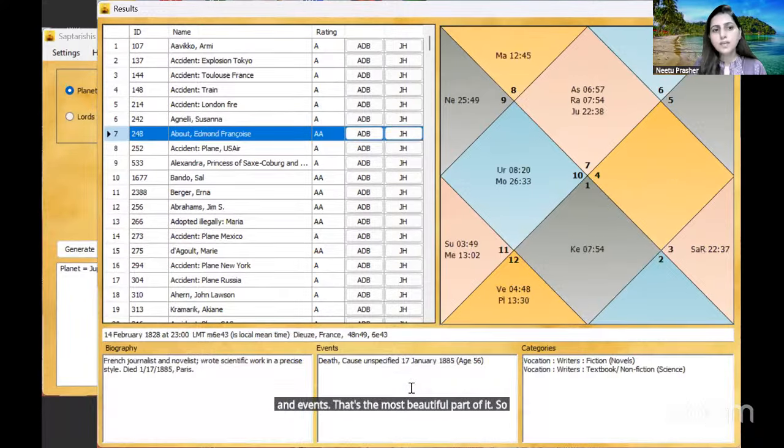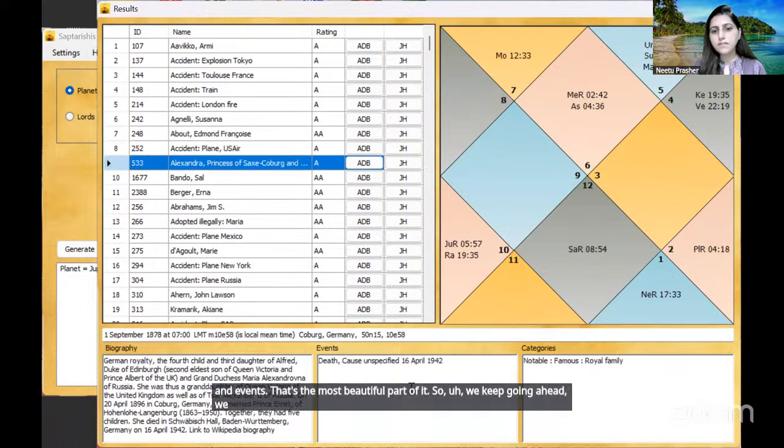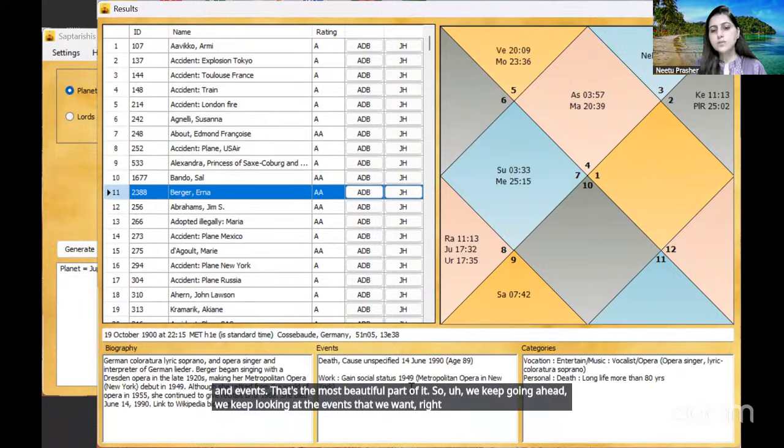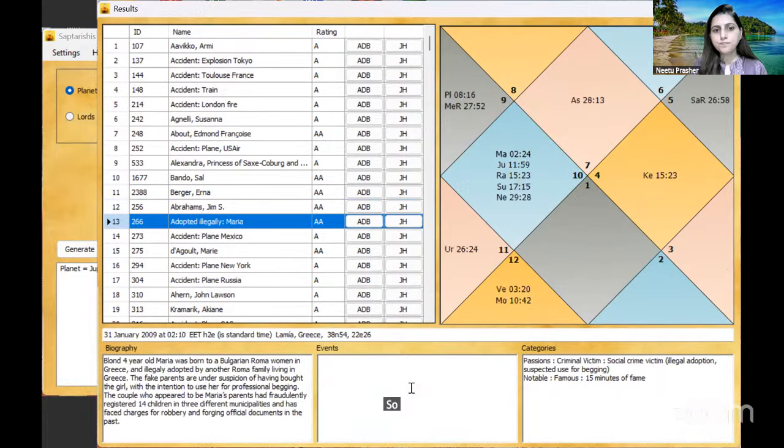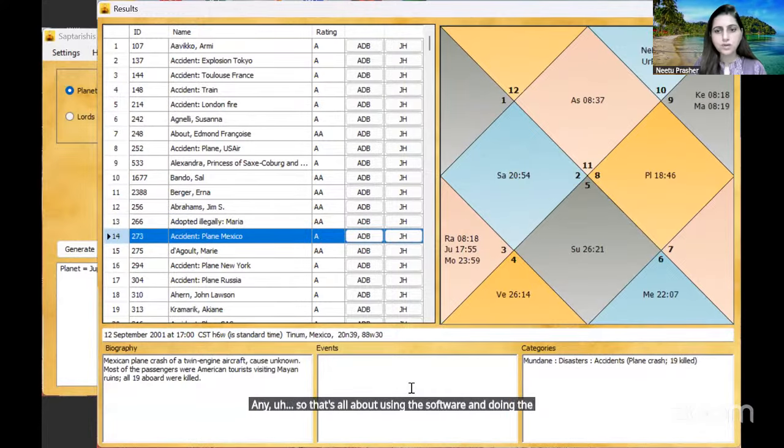So we keep going ahead, we keep looking at the events that we want, right? So this is how the whole software works, and this is how the research part of it works. That's all about using the software and doing the research around it.